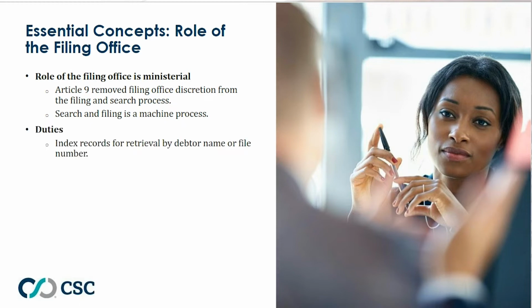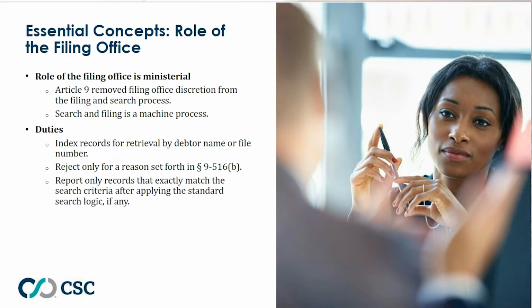The duties of the filing office are to index the records for retrieval by debtor name or file number. They can reject only for reasons set forth in 9-516(b), and report only records that exactly match the search criteria after applying the standard search logic, if any. So again, their search logic can be very varied depending on states.